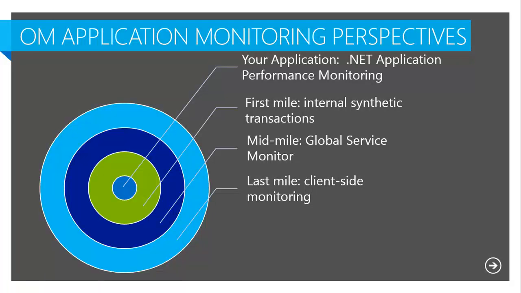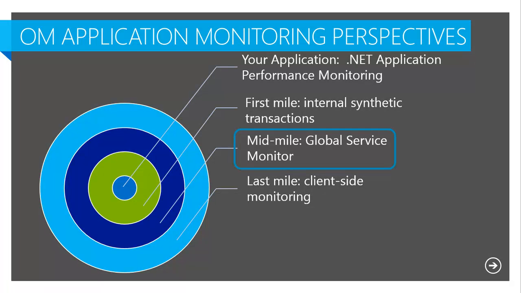If you zoom out even further and cross the application boundary, this is where Global Service Monitor lives. We call it the mid-mile perspective. Global Service Monitor allows you to view your application health from outside in. As I mentioned before, we have 16 global locations, and you can configure synthetic transactions which will monitor externally facing endpoints, websites, or web services for correctness.